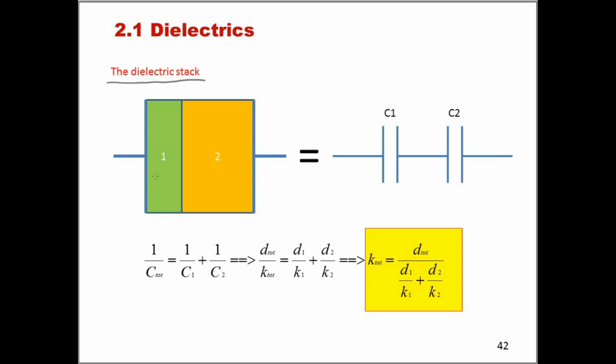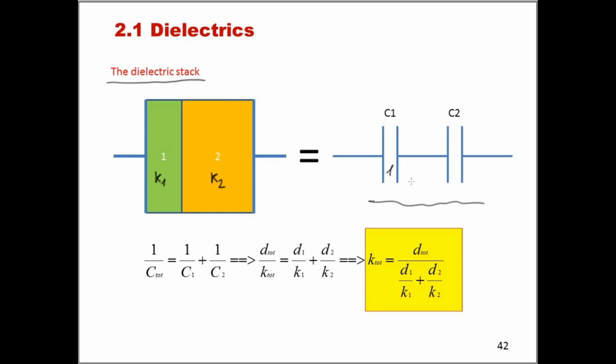We can say that this material has a relative dielectric constant K1 and this material has a relative dielectric constant K2. The question is, what is the total capacitance of this device? Or maybe, what is the equivalent relative dielectric constant of this device? In order to approach this problem, we can simply realize that this is equivalent to the series of two capacitors, C1 and C2.